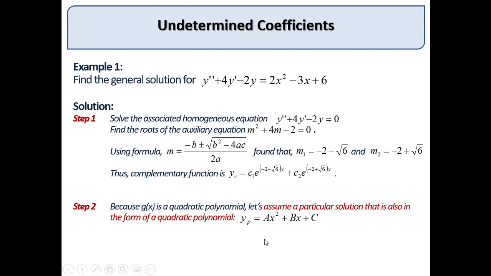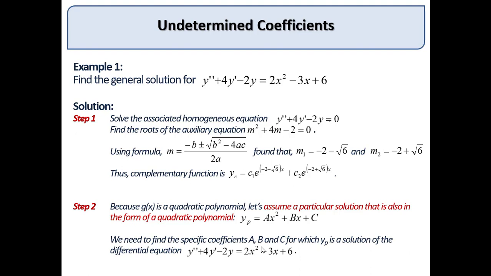Now we assume that the particular solution is also a quadratic polynomial. So we need to find the specific coefficients a, b, and c in the particular solution.